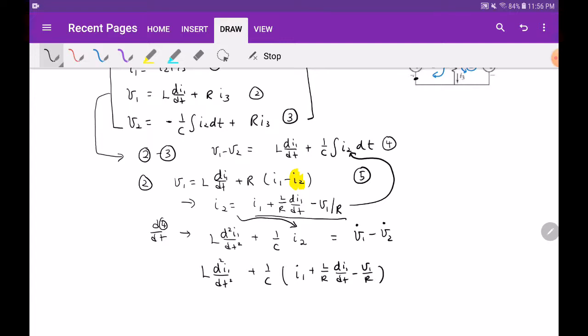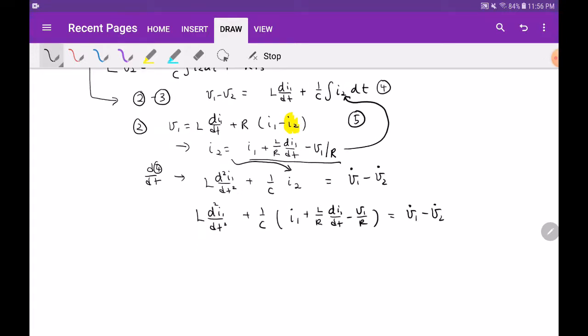Equals V1 dot minus V2 dot. Those are the derivatives with respect to time. So if I clean this up, I have L d squared I1 over dt squared. Now the next term to write is the purple one. That is plus L over RC times di1 over dt, and plus 1 over C times I1.